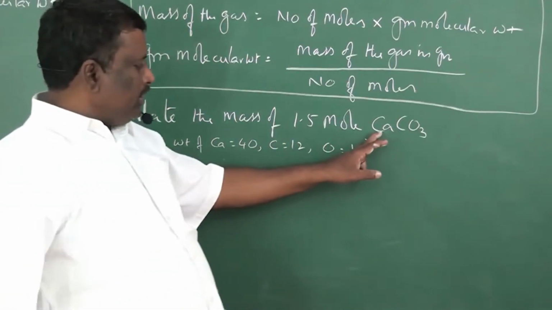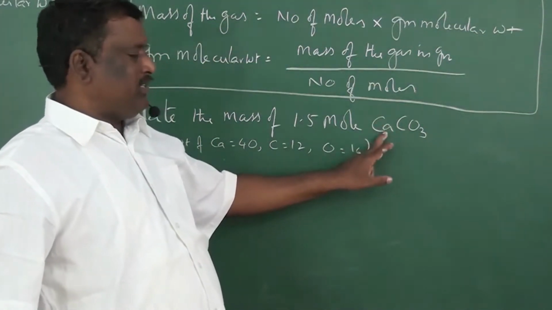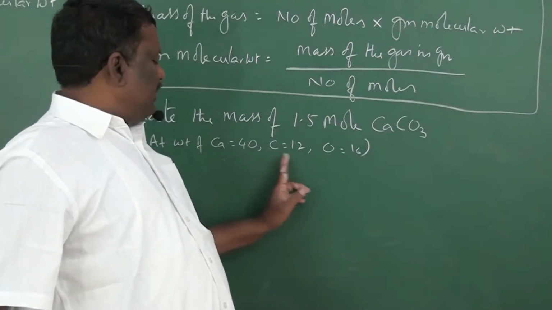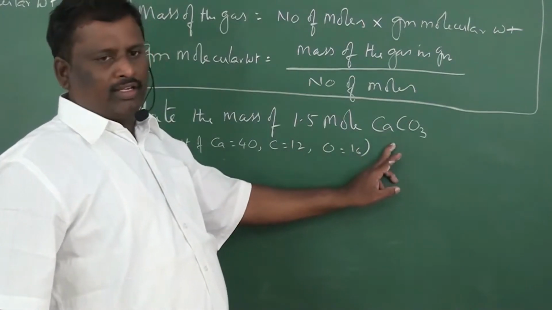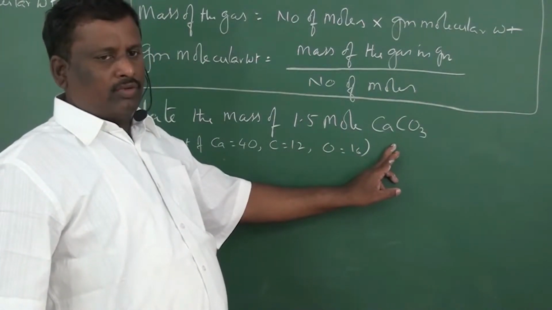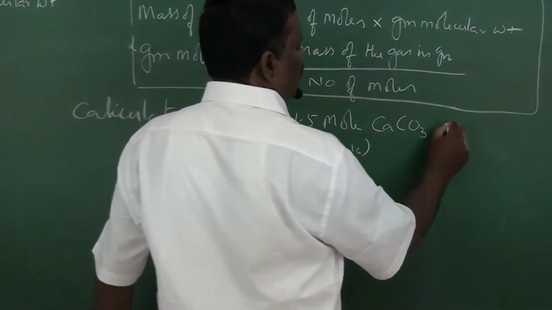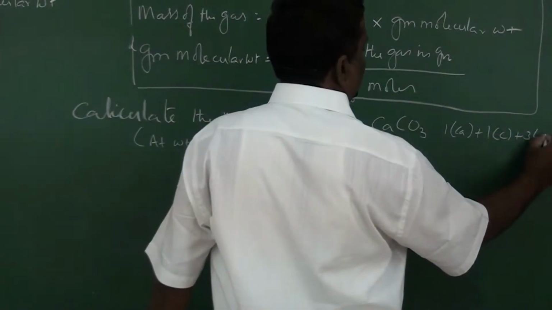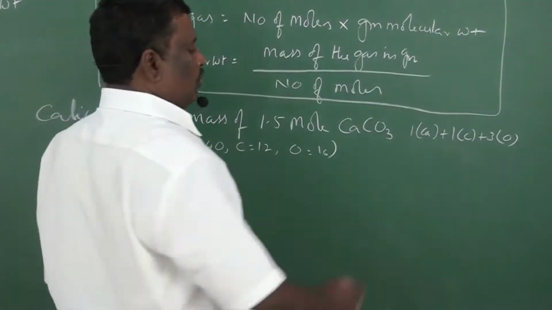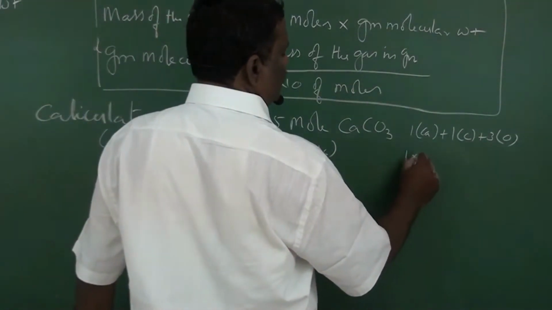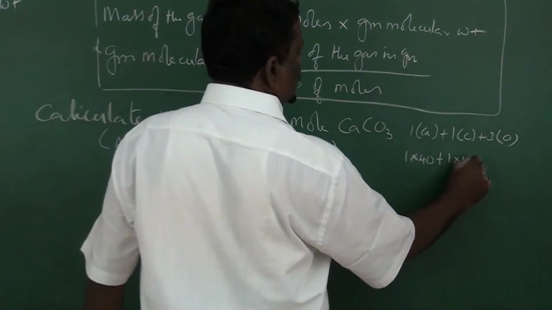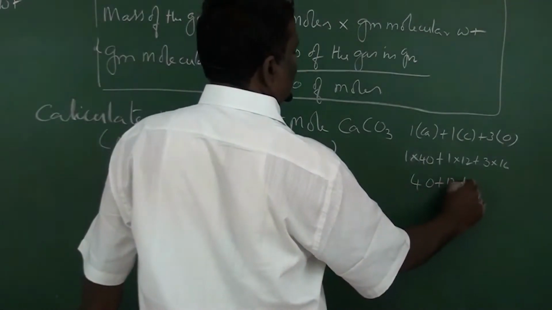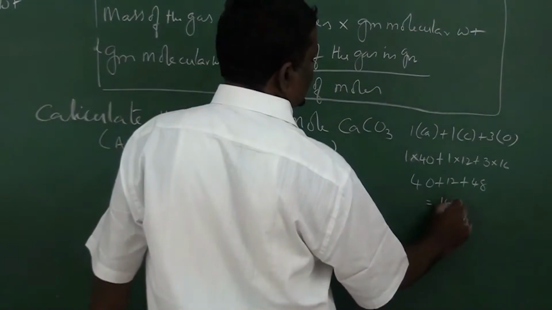In CaCO3, in one molecule you have one calcium, one carbon and 3 oxygens. By using these atomic weights, you can easily calculate the molecular weight of CaCO3. Molecular weight of CaCO3 is equal to 1 into 40 plus 1 into 12 plus 3 into 16, that is 40 plus 12 plus 48, which is equal to 100.